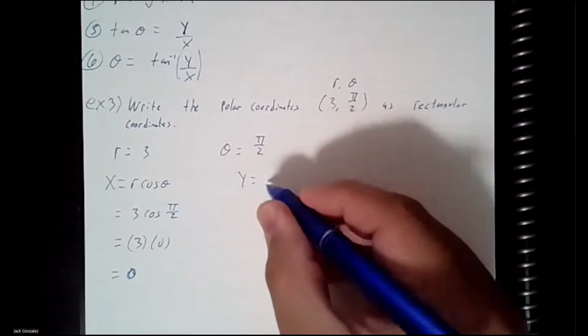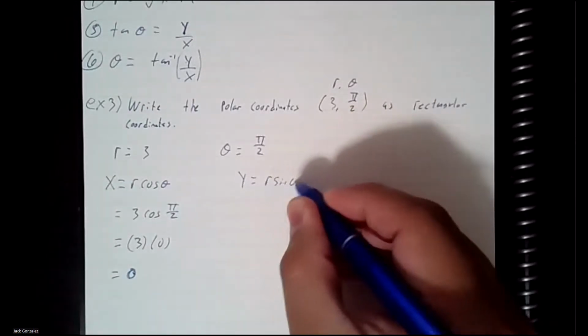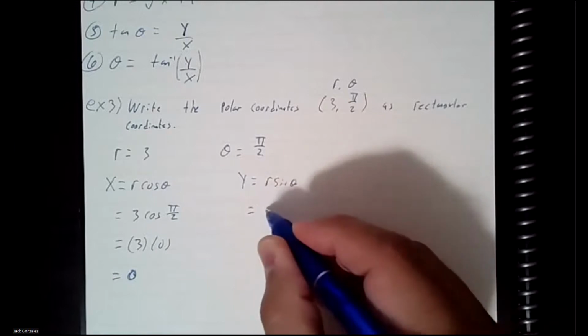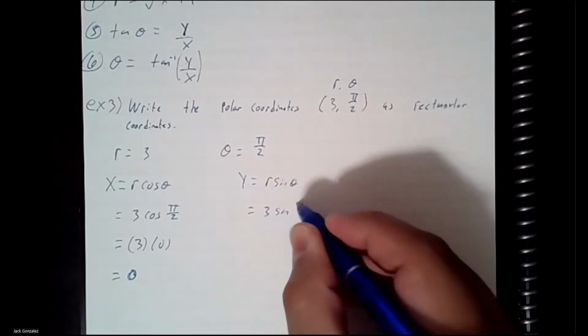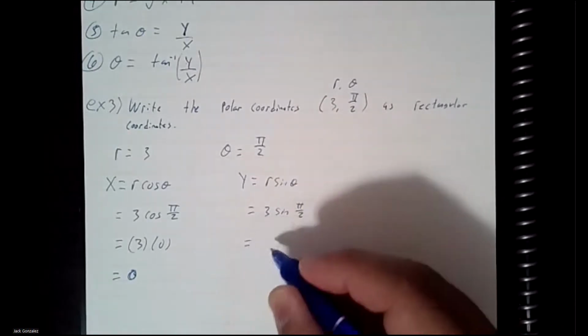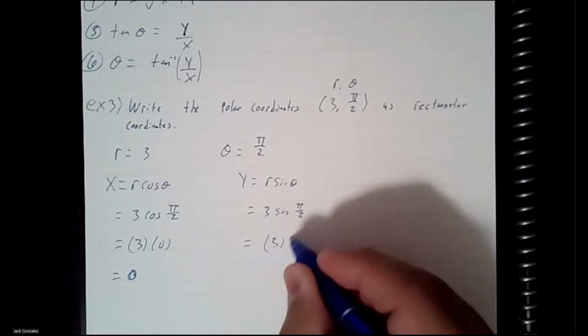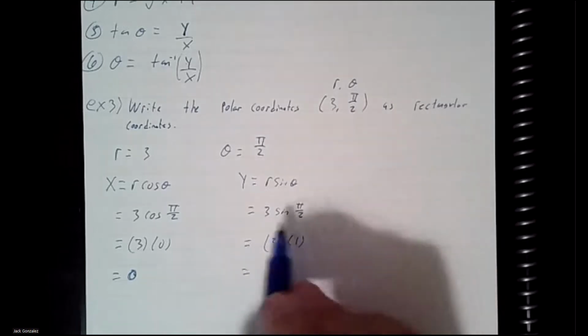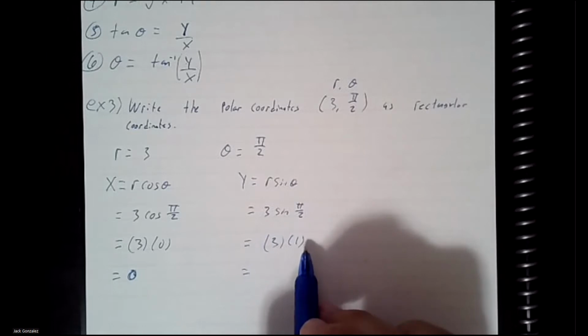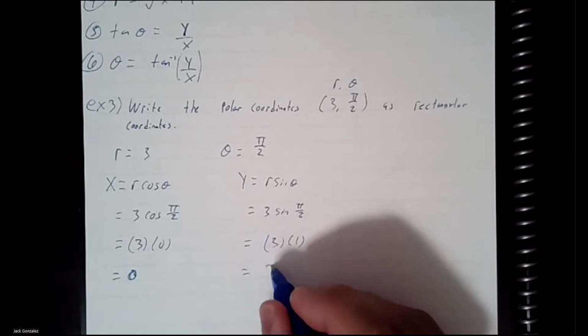Y would be equal to r sine theta, which is 3 sine pi over 2. Sine of pi over 2 is 1. 3 times 1 is 3.